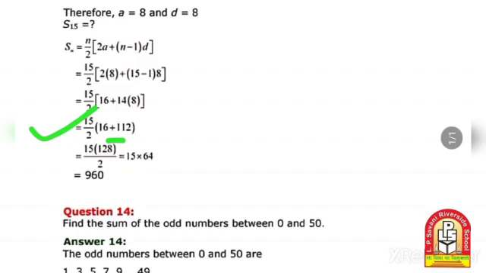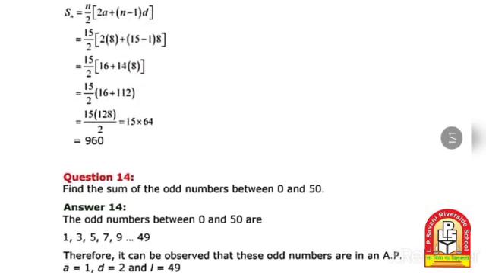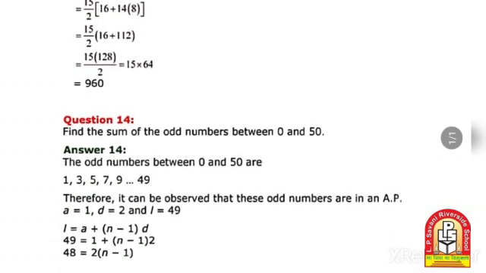So 16 plus 112 is 128. 15 into 128 divided by 2, so 15 multiplied by 64 gives us 960. So S15 is 960.